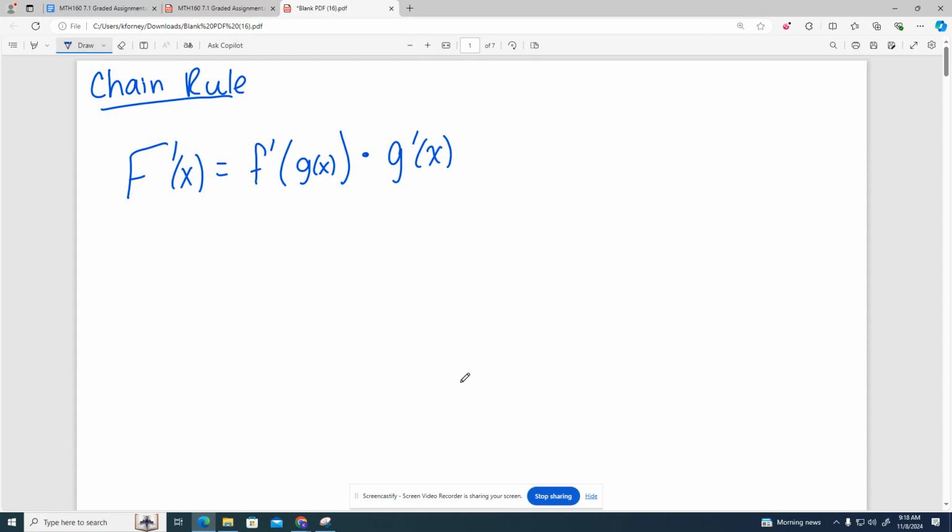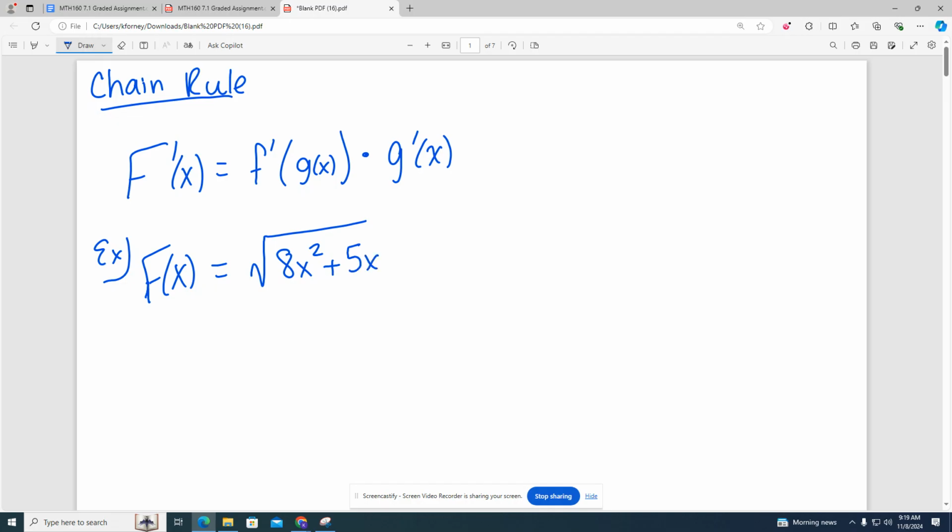All right, so let's start with an example for today. Let's do f of x equals the square root of 8x squared plus 5x.